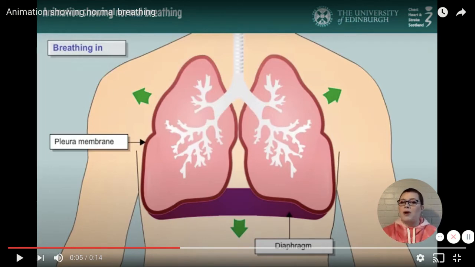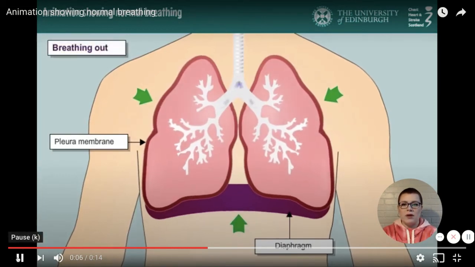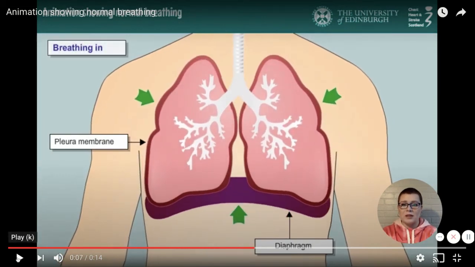You're doing a little bit of a pressure change to allow more volume, because when you change volume, you change pressure, and that changes how air is allowed to come in. So when we breathe in, normal inspiration, our intercostal muscles pull outwards, our sternum raises, and our diaphragm contracts, meaning it pulls down. Then when we breathe out, or have normal expiration, you can see that the arrows basically flip.